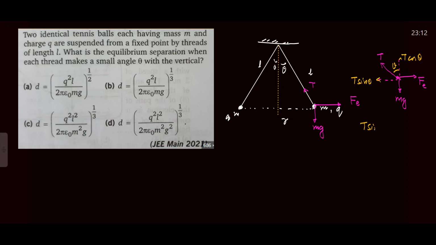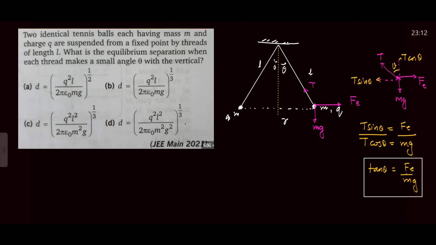You can say T sin theta is equal to Fe, and T cos theta is equal to mg. Just divide these equations. When you divide, you will find that tan theta is equal to Fe by mg. My suggestion is to remember this result. It is very useful in different questions we will see today. So tan theta is equal to Fe by mg, we can utilize this.